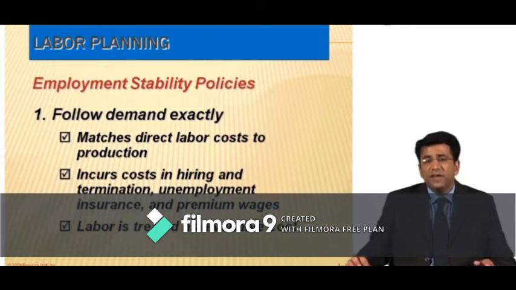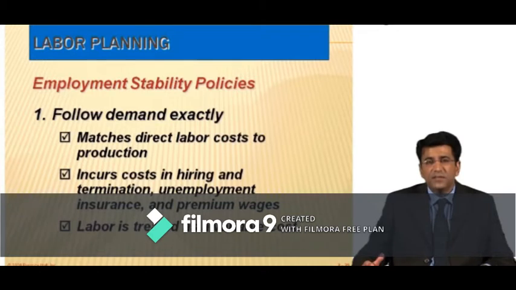It means that whenever you don't have the demand, you may have to terminate and unemploy your employees. You may have to give premium wages or unemployment insurance to those employees. So by using this approach, you may incur hiring, termination and unemployment expenses.